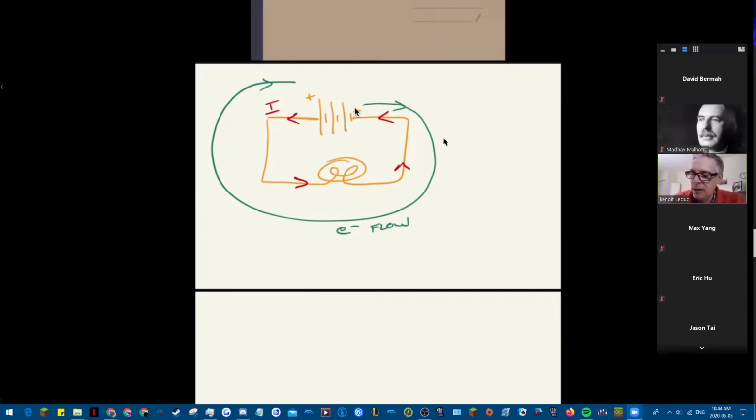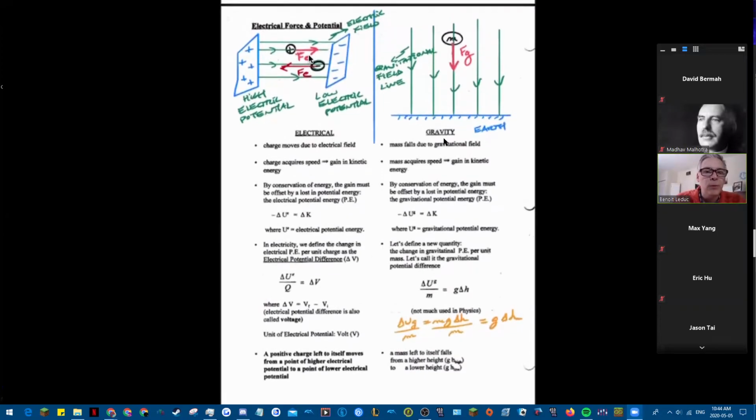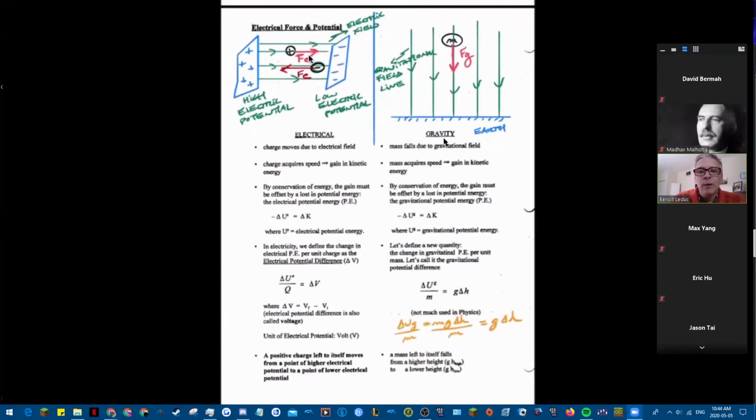And if what was moving in electricity were protons, I know they're not moving, but if they were allowed to move, they would move from high to low, in the same way as a positive charge moves from high to low left to itself. So from this point on, whenever I talk about the current, I talk about conventional current. If I want to talk about electron flow, then I will say electron flow.